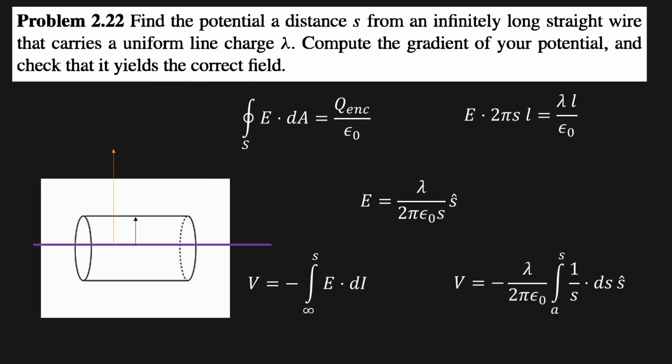So from this diagram you have this violet color straight wire, a very long, infinitely long wire. Then we are taking a Gaussian cylindrical surface for which the radius is s.